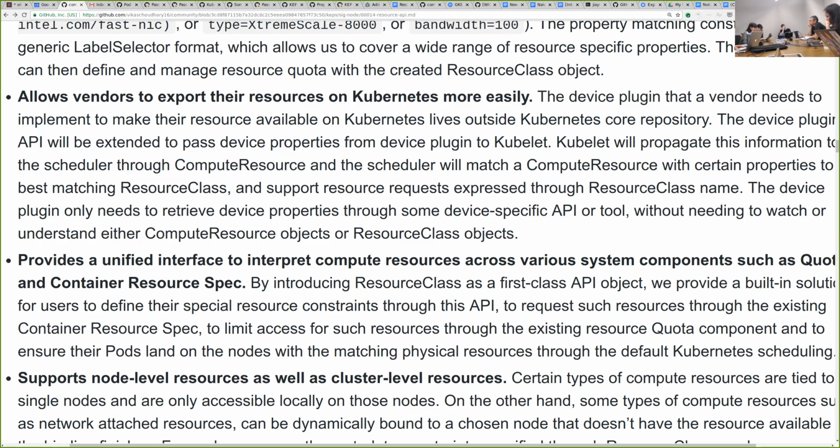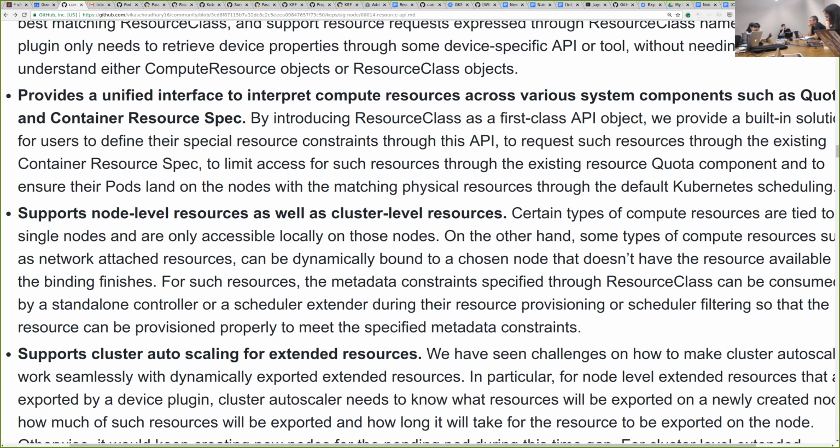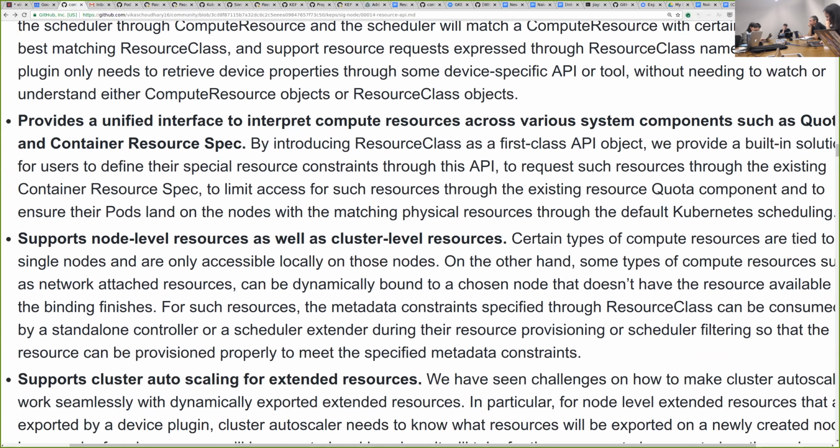We want to empower vendors to export their resources on Kubernetes more easily. And we want to provide a unified interface to interpret compute resources across various system components, like kubelet and the container resource stack. For cluster autoscaler, they also want a consistent way to evaluate whether a node can satisfy a pod's resource requirement, the same way the scheduler evaluates it.